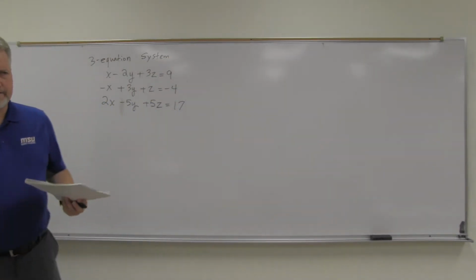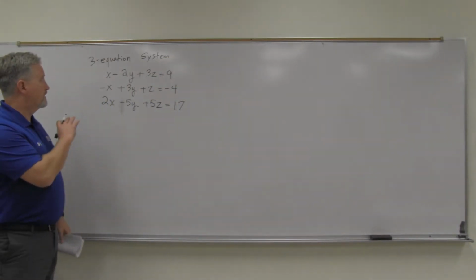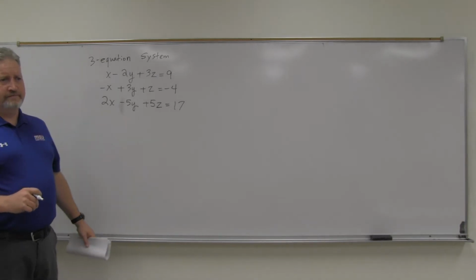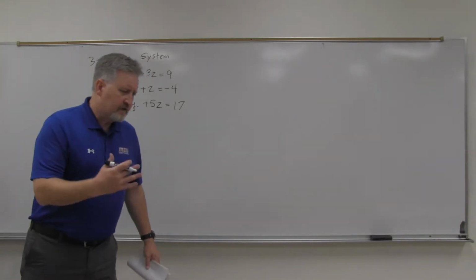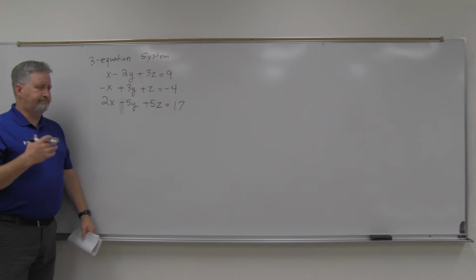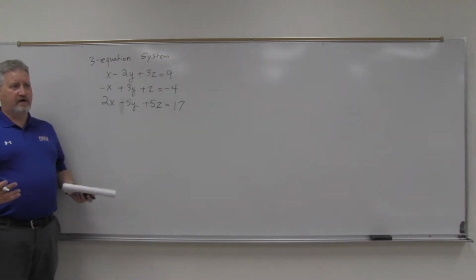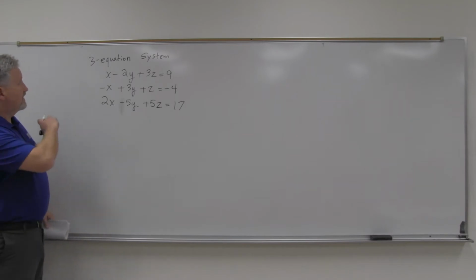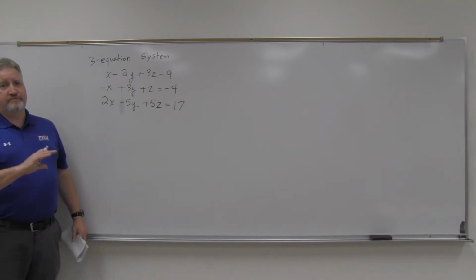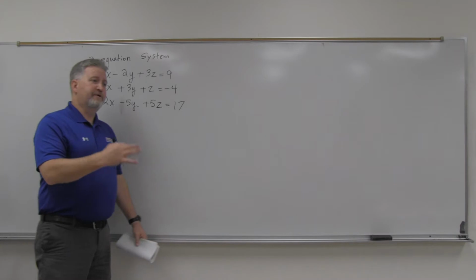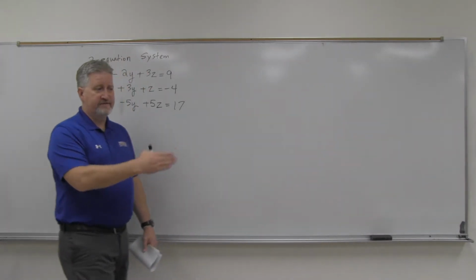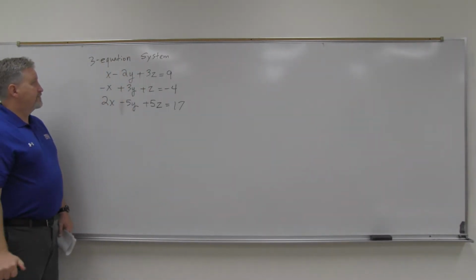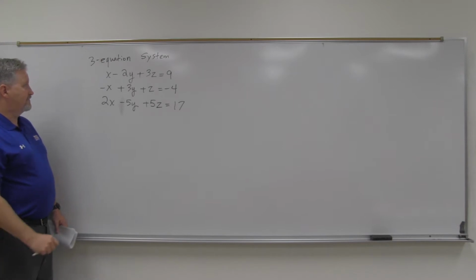Okay, we're going to talk more about three equation systems in the near future, but for right now, let me just talk about this system here. You've got three equations, and typically when you have three equations, you're going to have three variables, x, y, and z is our preference for the variables.